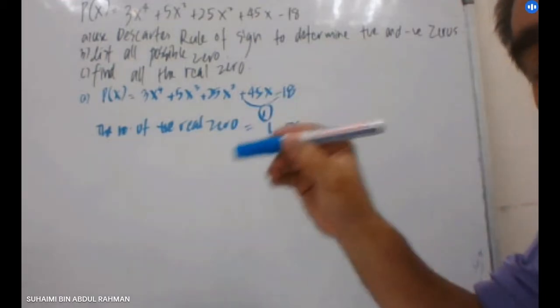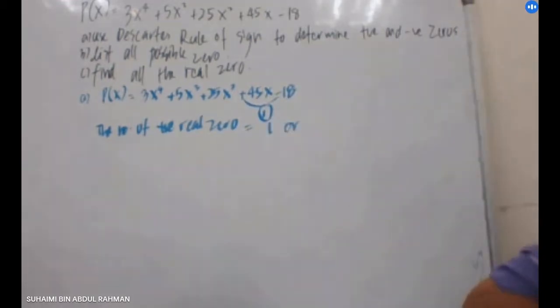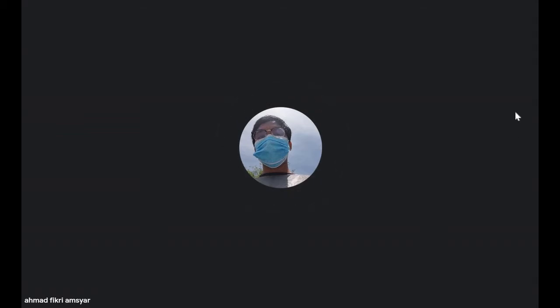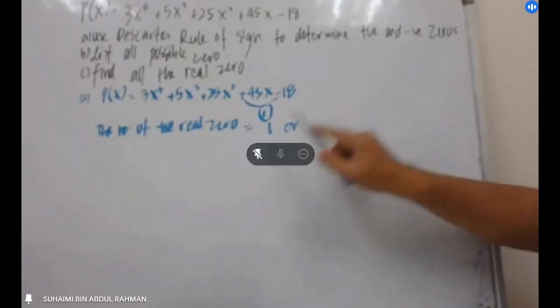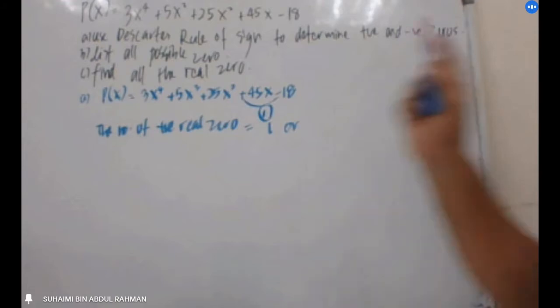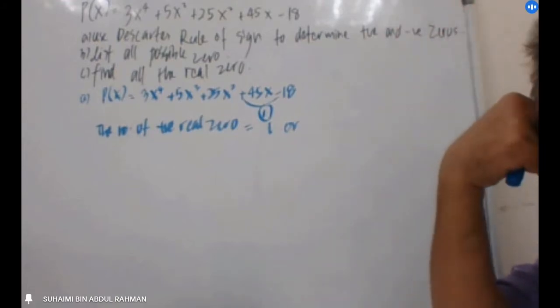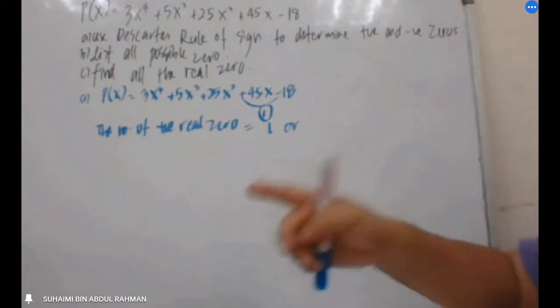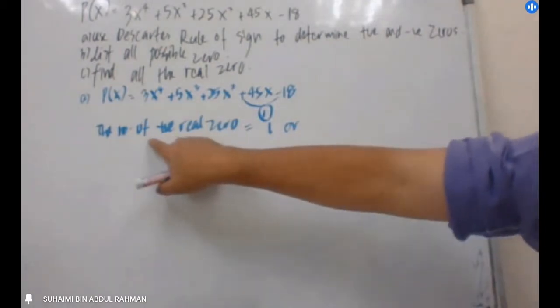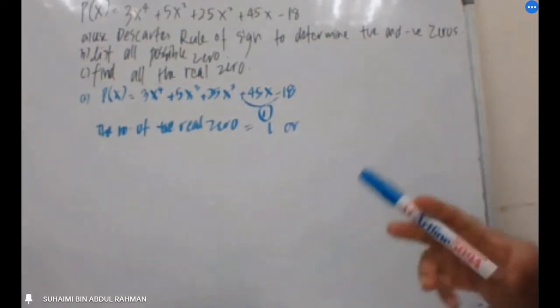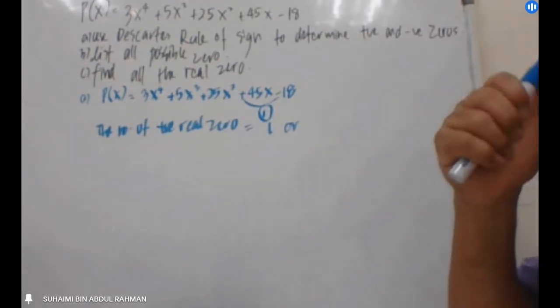What is the least even integer? Is it 2, 4, 6? So we subtract: 1 minus 2 will produce minus 1. We cannot take minus 1, because we want the number of positive real zeros, and a number of something cannot be negative.